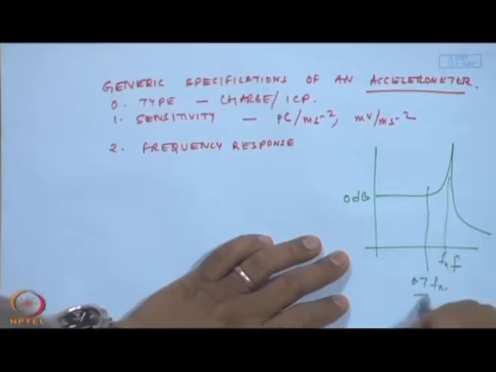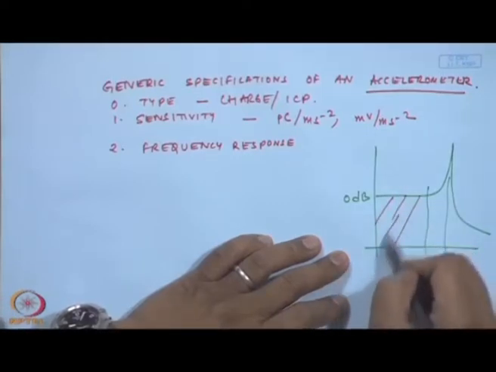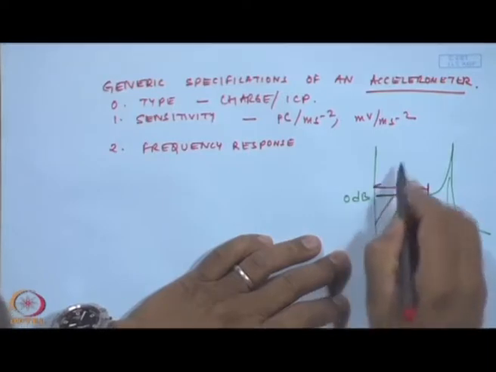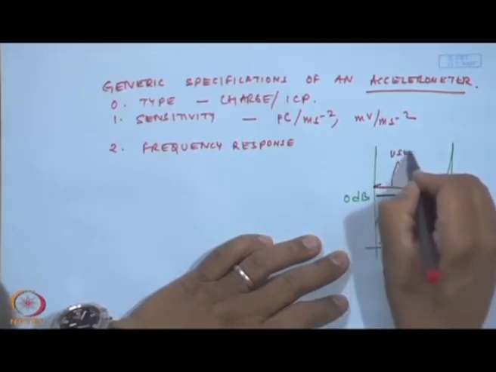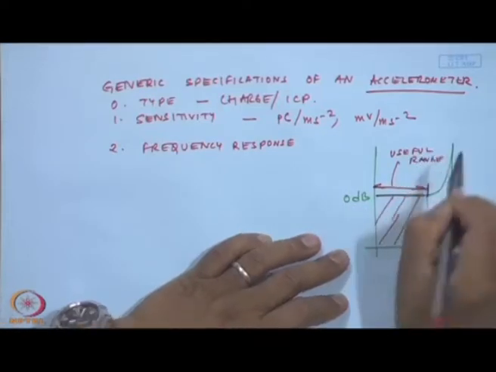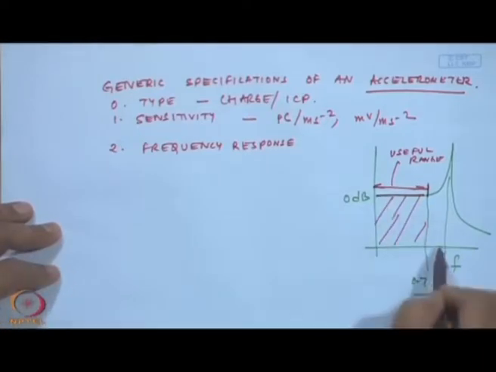This is the useful range. So, this accelerometer is good only up to 0.7 of Fn.